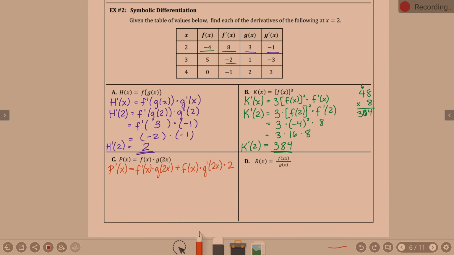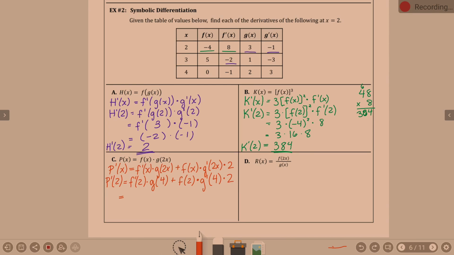There's a lot of stinking 2's. Because we're getting ready to add, what are we finding? P prime of 2. So it's going to be f prime of 2 times g of, should I put g of 2 times 2 or just go ahead and say g of 4? G of 4 plus f of 2 times g prime of 2 times 2, or in other words 4, times 2.